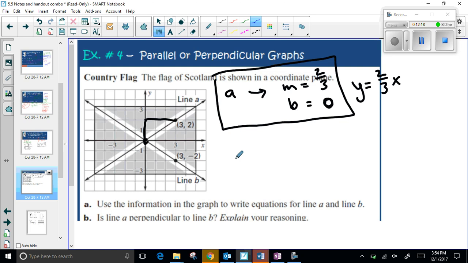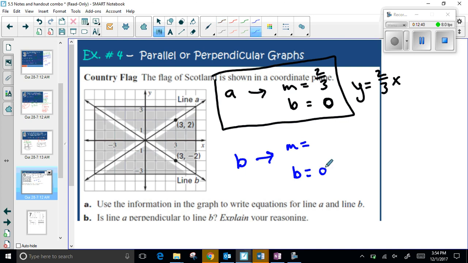Well, let's look at line B. For line B, I need to find that important information, the slope and the y-intercept. The y-intercept is the same. It's going to be 0.